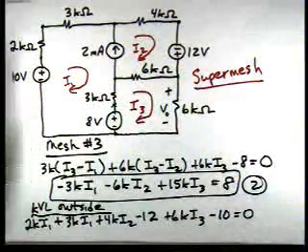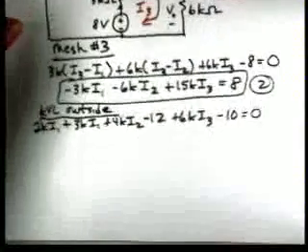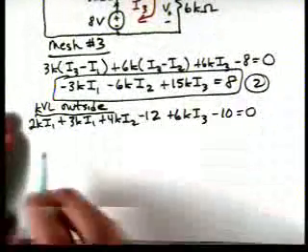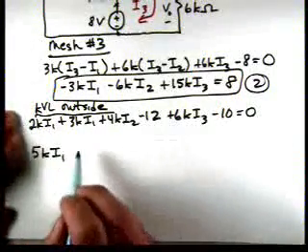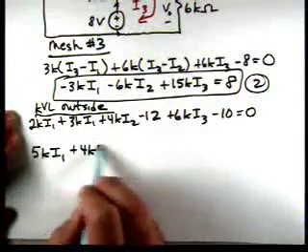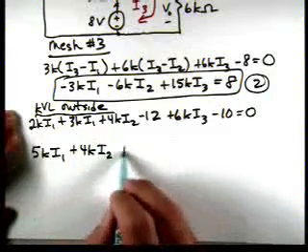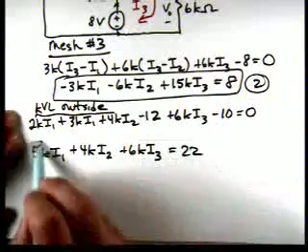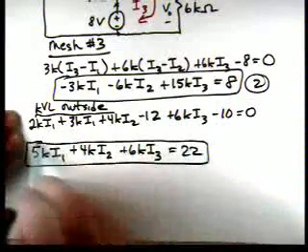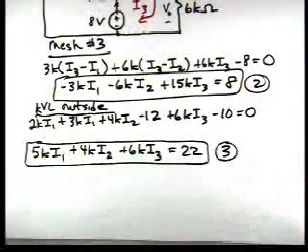So now let's simplify or collect up some terms here. So now we'll have 5K I1 plus 4K I2 plus 6K I3 equal to 22. So there's our third equation.